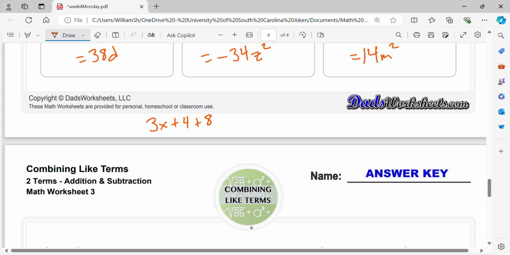Okay? We don't have like terms between 3x and 4 or 3x and 8, but 4 and 8 are considered like terms because neither have a variable. Okay? So this could simplify to 3x plus 12.